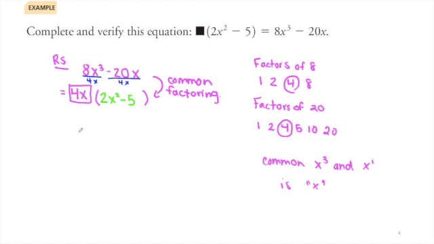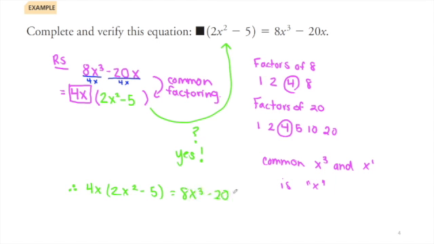Okay, so did you get the same result as here? Yes, we did. Okay, so therefore 4x times 2x squared minus 5 is equal to 8x cubed minus 20x is what you're looking for there.